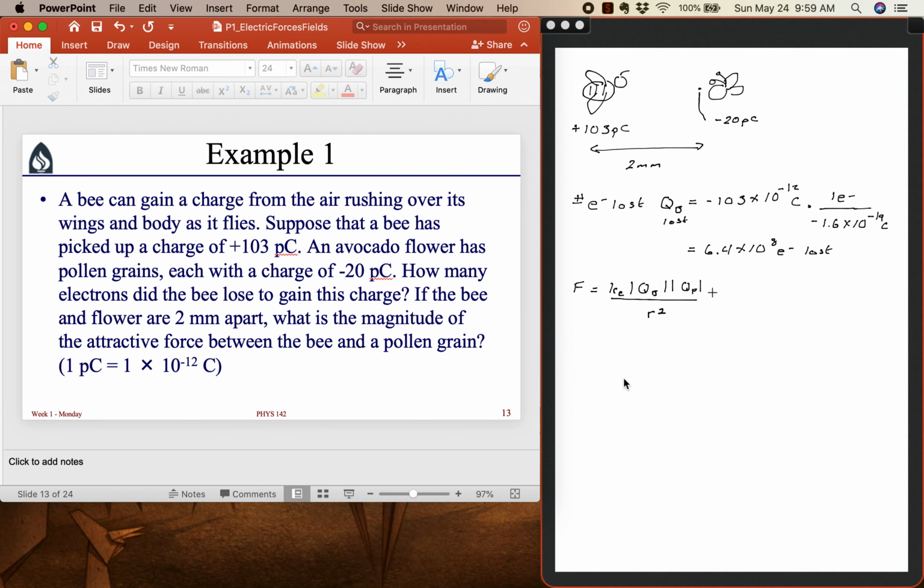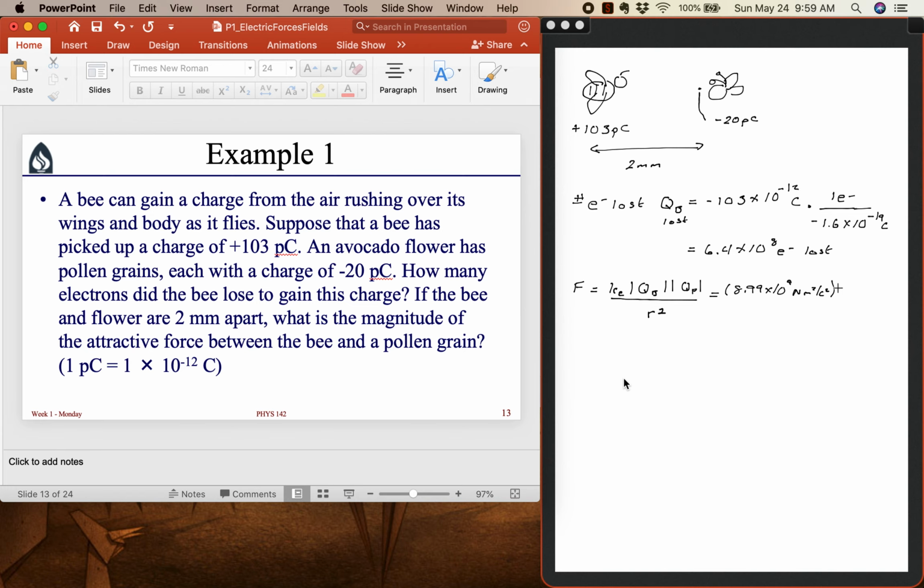So if we plug numbers into Coulomb's law, the Coulomb constant is 8.99 times 10 to the 9 newton meters squared over coulomb squared.